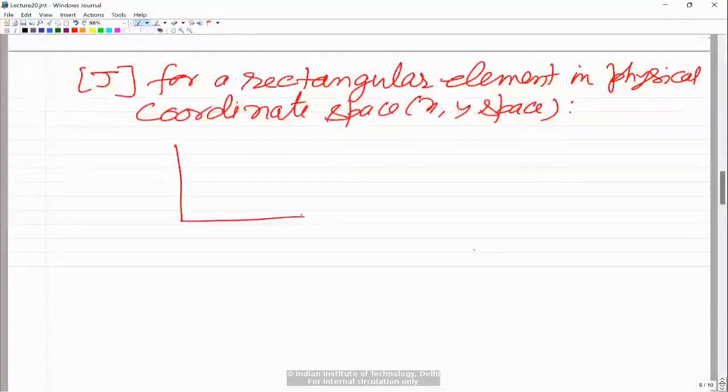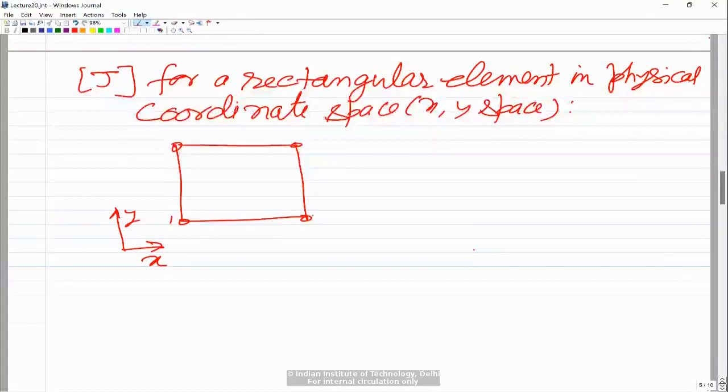Although the formulation is valid for any arbitrary quadrilateral, as we said, let us say the element is a rectangle in the physical coordinates, and the nodes are 1, 2, 3, and 4.